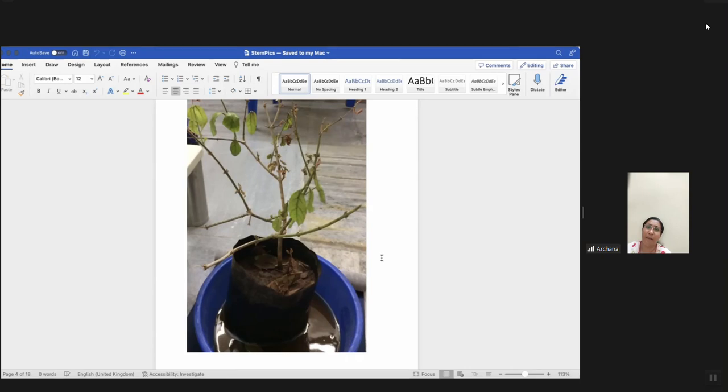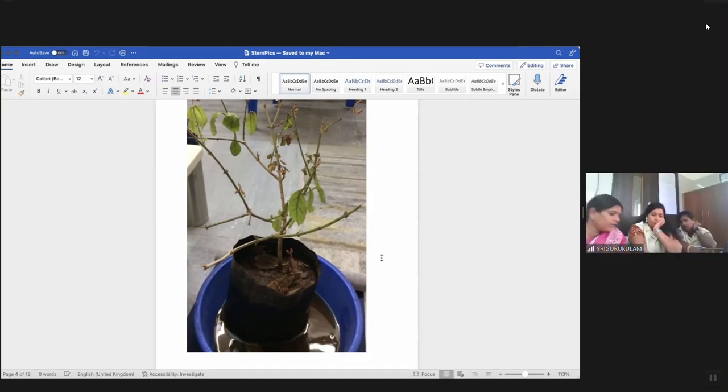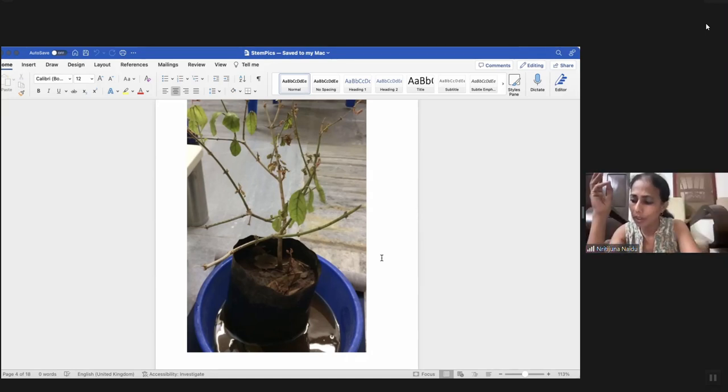Sunlight. Carbon dioxide from the air. Water from the roots. The warmth that is there, yeah. And in the presence of light and chlorophyll, it makes its food. So the leaf needs all these to make its food.